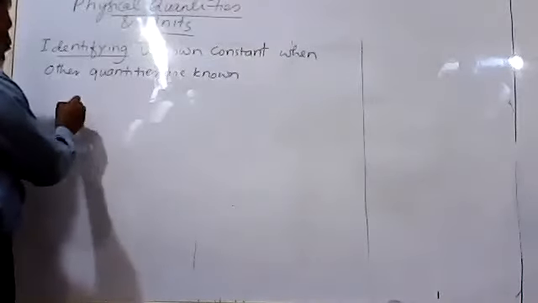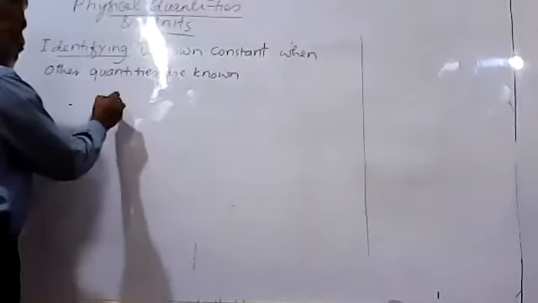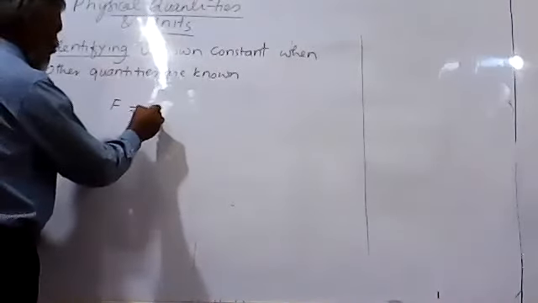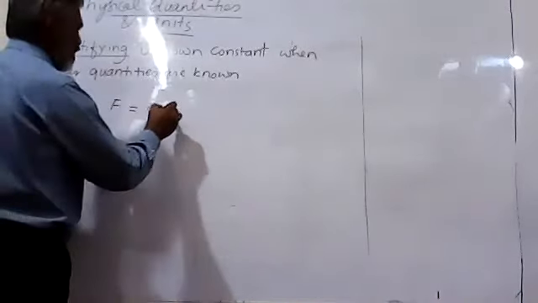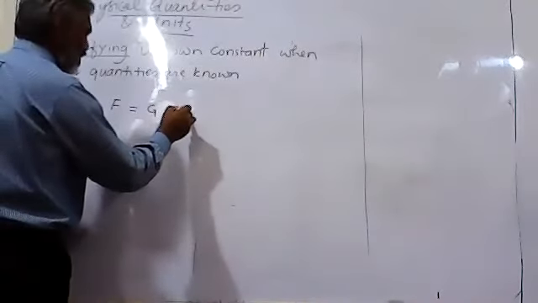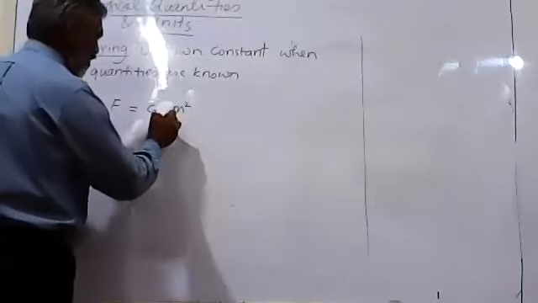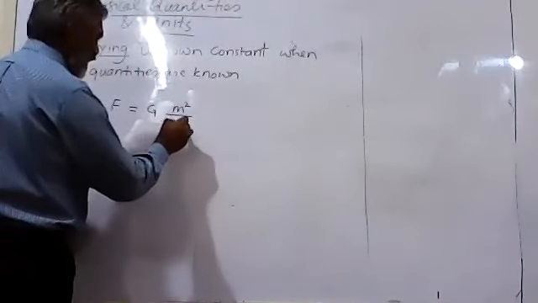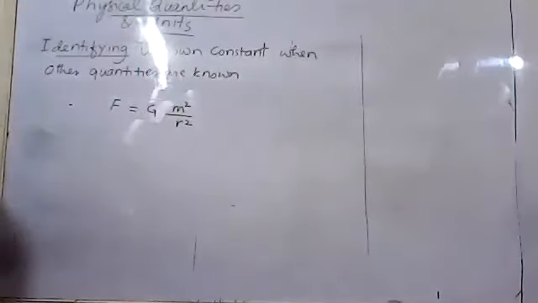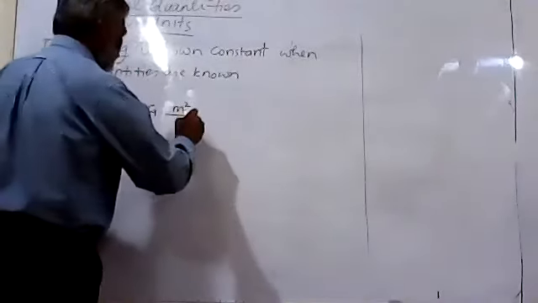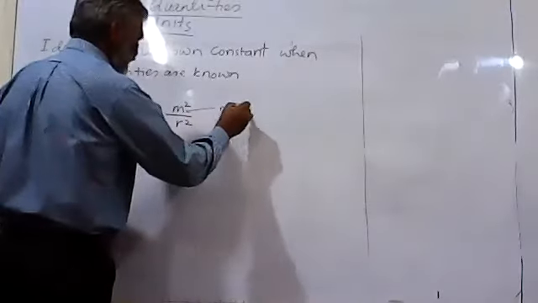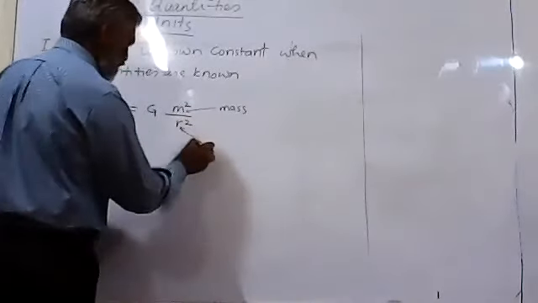Let's say we have an equation in which force is related to some constant and there is the square of mass and the square of distance involved. Here m is for mass and r is for distance.